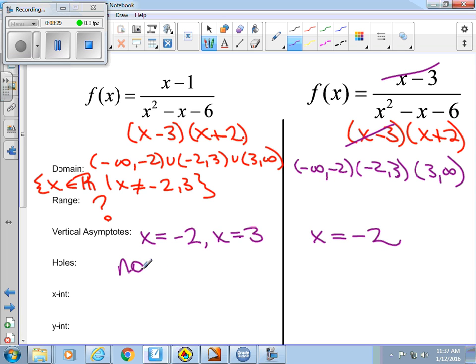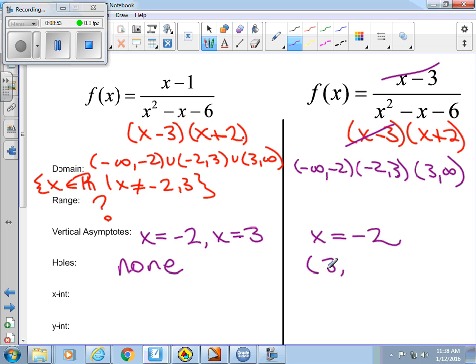That means on the left-hand function, I have no holes. On the right-hand function, I do have a hole. Where is it at? At 3. And this may be an extension from Algebra 2, I'm not sure. I want you to tell me the x and the y value of the hole. Let's plug it in.